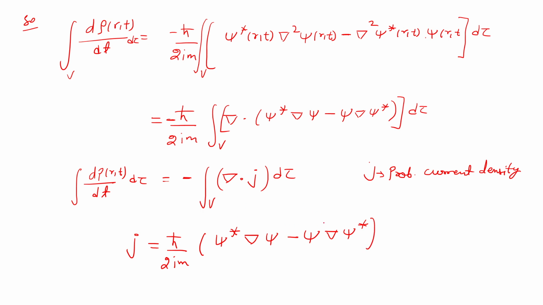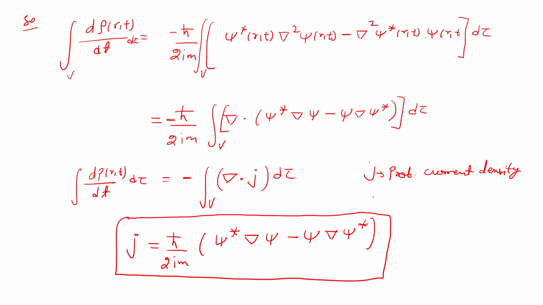Otherwise, for simplification, you can directly write psi star del psi minus psi del psi star, just to remember. This is a very important formula you should always remember: probability current density, how to calculate. A lot of times you will get a question in the GATE examination and in CSIR both from this topic.